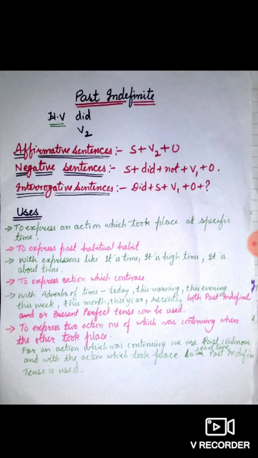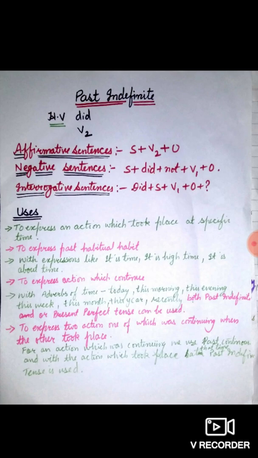Like we can say, I saw him last night. The building was built in 2000. He went to Chennai yesterday. Likewise. First use, I suppose, is clear to all of you, to express an action which took place at a specific time.